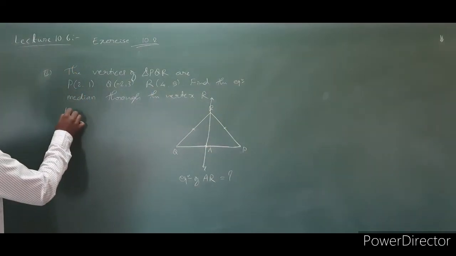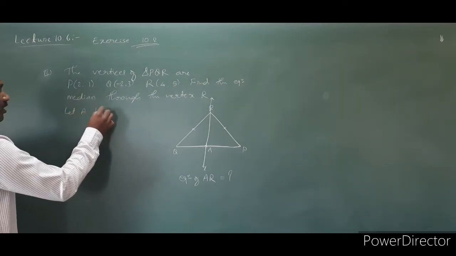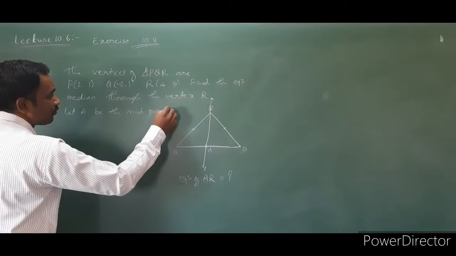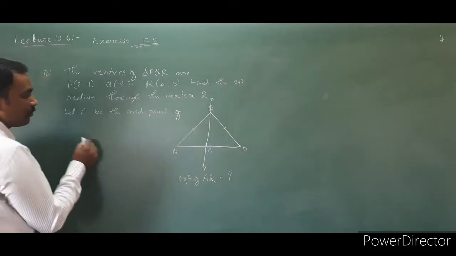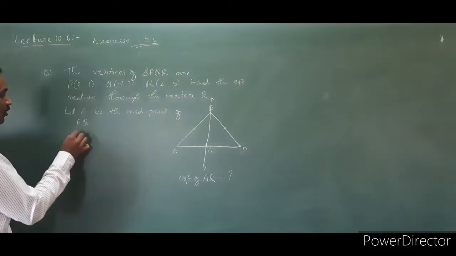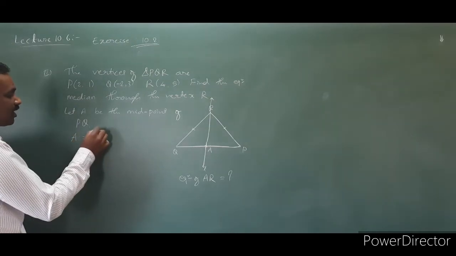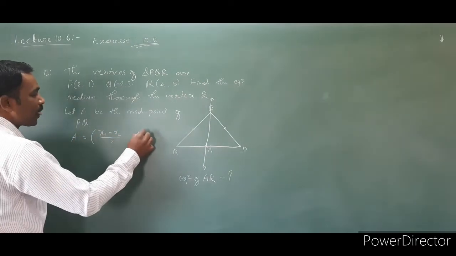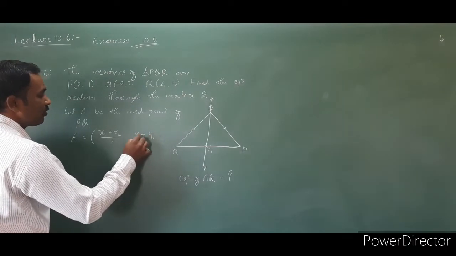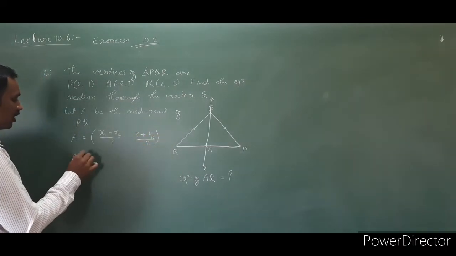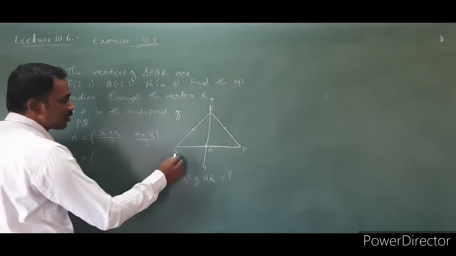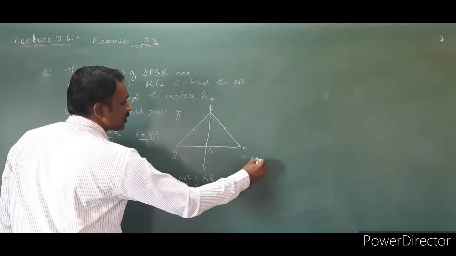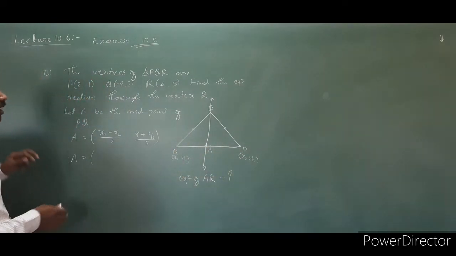Here, let A be the midpoint of the side PQ. So A is equal to the midpoint formula: (x1 plus x2) divided by 2, (y1 plus y2) divided by 2. Now, what are the coordinates of A? Q is x1, y1 and P is x2, y2, or interchange, it does not matter.